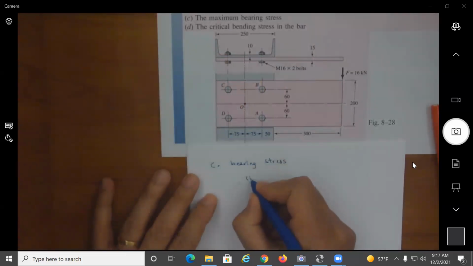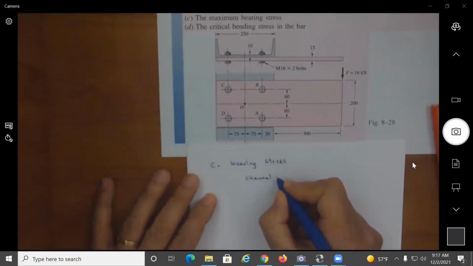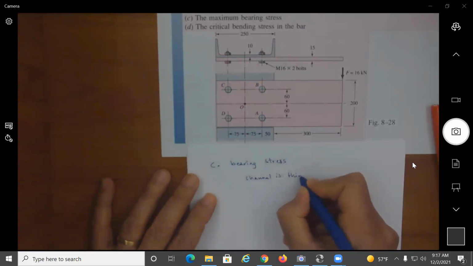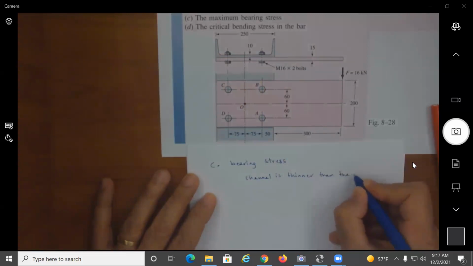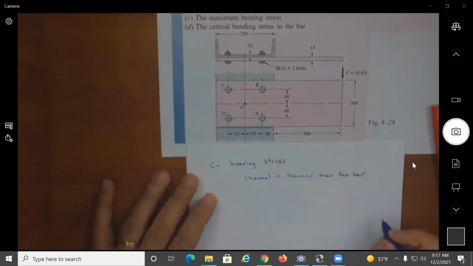So the channel is thinner than the bar. While it has to bear the same force, the area is smaller.